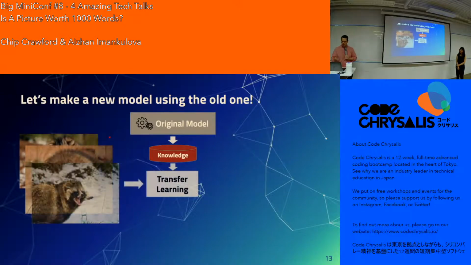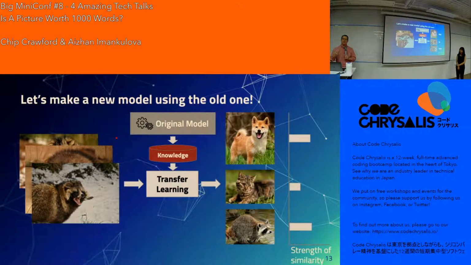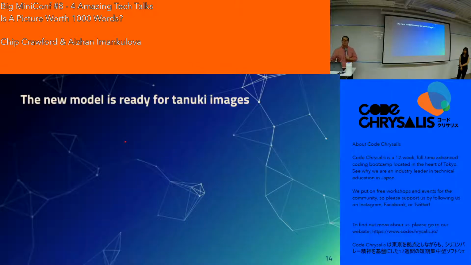And we use the transfer learning algorithm to bring that all together to produce a fingerprint that says a tanuki looks like something that is 40% dog, 20% cat, 40% raccoon, or some such ratio. And now our model is ready for these new images.